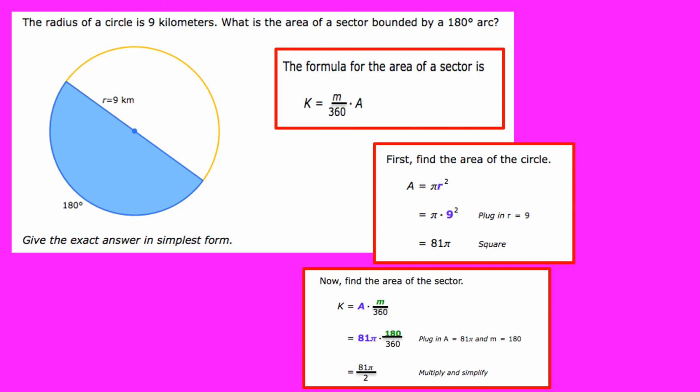We get K is equal to 81 pi times 180 over 360. We can cancel and get the answer, or we can multiply 81 over 1 times 180 over 360 and get 81 over 2 pi.